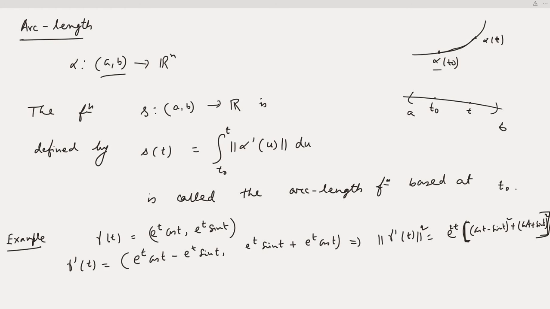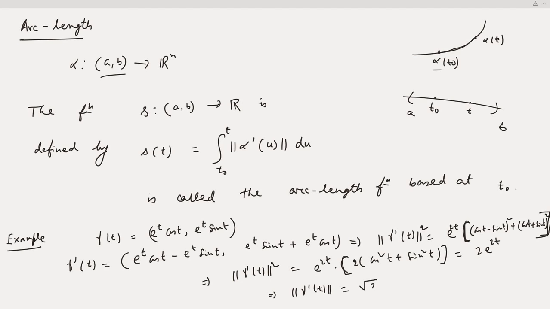And this implies the norm of gamma prime of t square is equal to e power 2t times 2 times (cos square t plus sin square t), which is equal to 2 e power 2t. So this implies gamma prime of t has norm equal to root 2 times e power t.